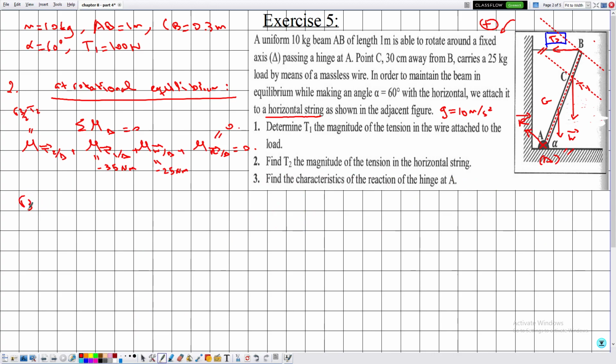So radical 3 over 2 T2 minus 35 minus 25 is equal to 0. Then rearranging this equation, T2 is given by 35 plus 25 multiplied by 2 divided by radical 3.